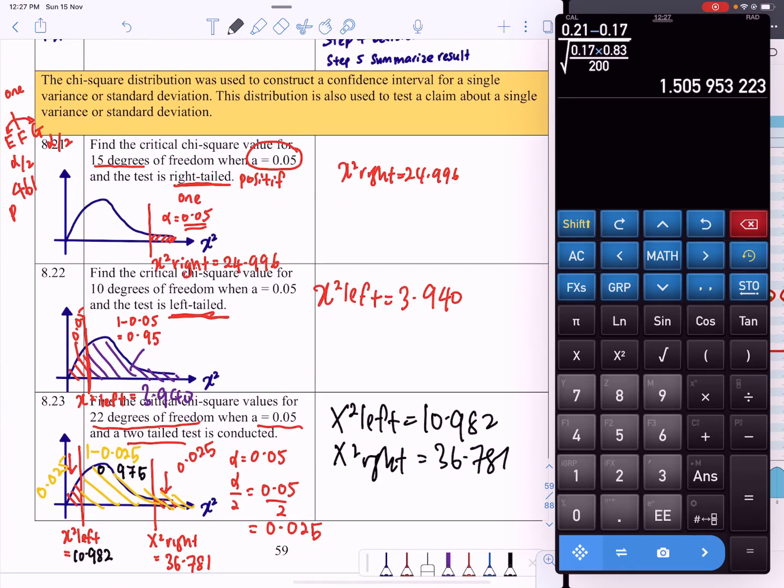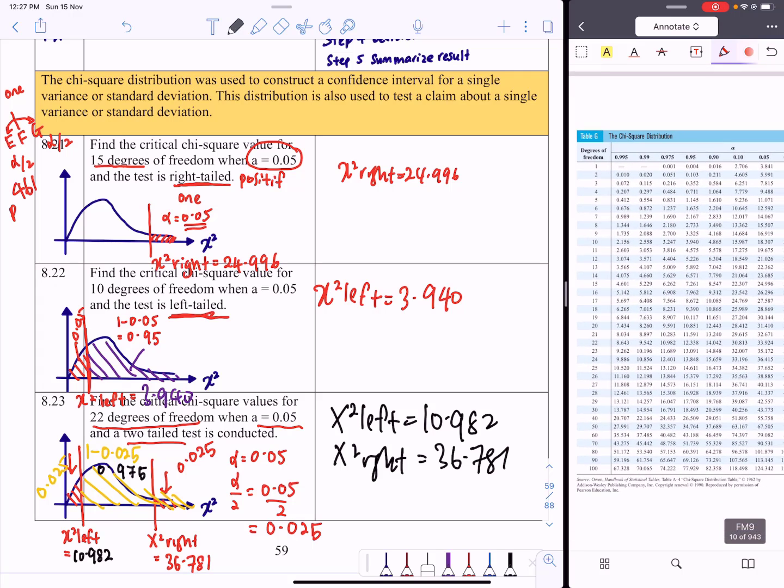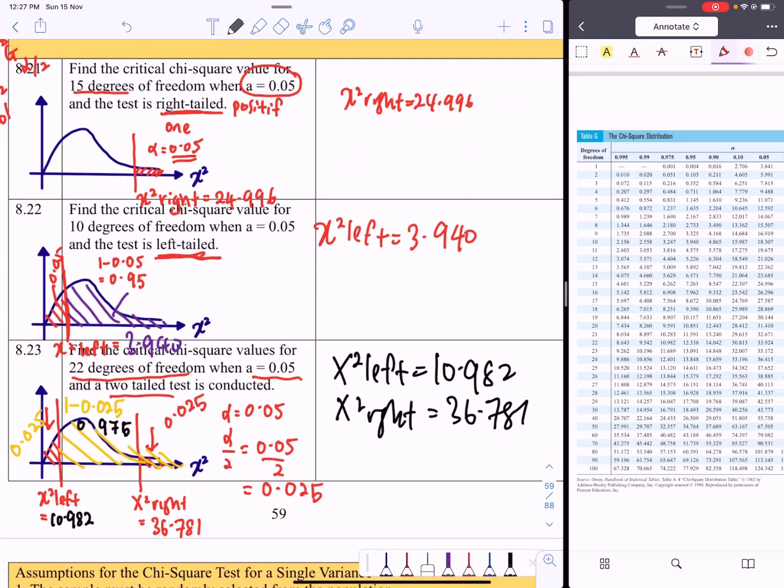Now we move to the chi-square distribution. For the chi-square distribution, you need to use table G. I already explained about this one. Jadi please make sure that you understand how to find the chi-square.